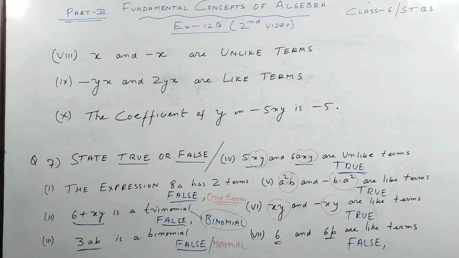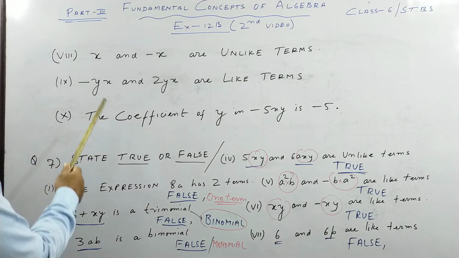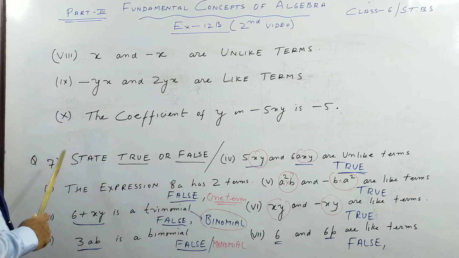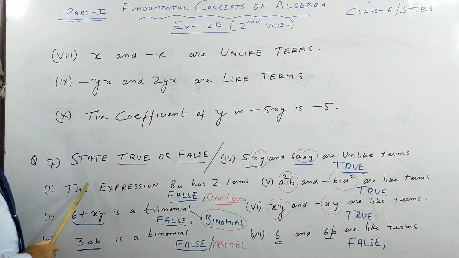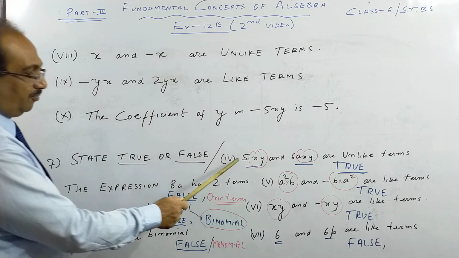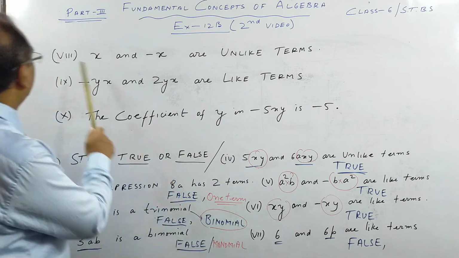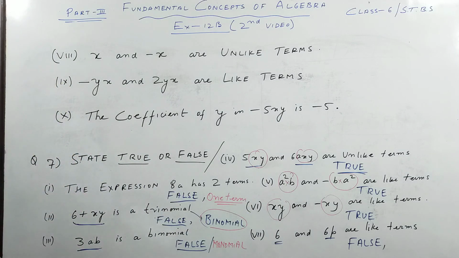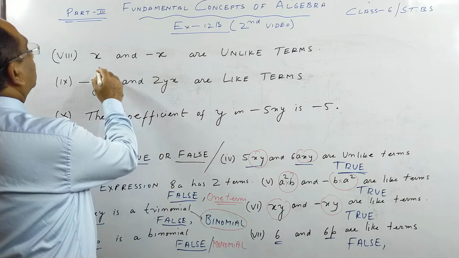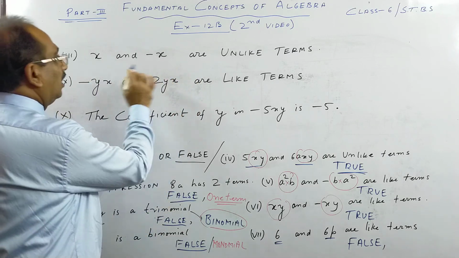So now we move on to the last 3 parts of question 7. Question is true and false. I've done 1, 2, 3, 4, 5, 6, 7, 8, 9, 10. So now see here, children, whether this is true or false. So x and minus x, they are like terms.